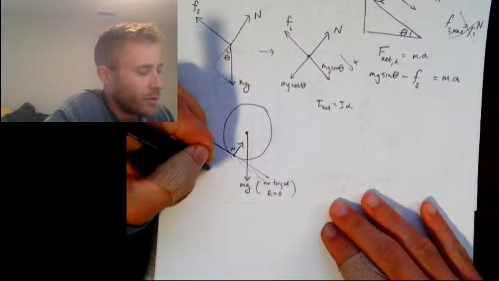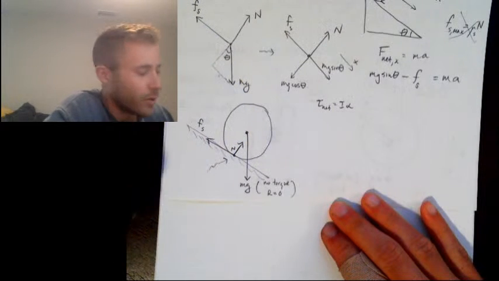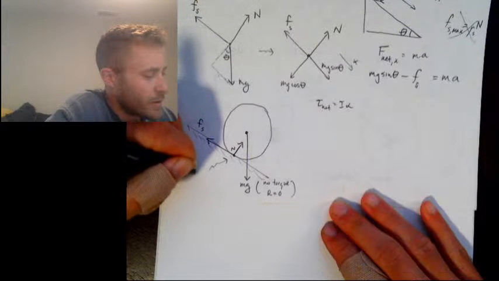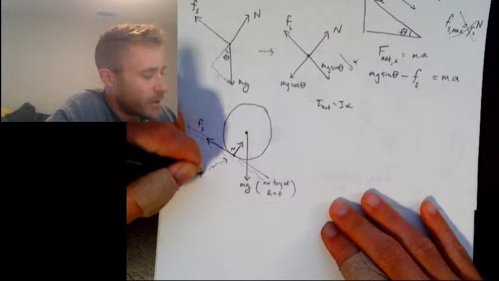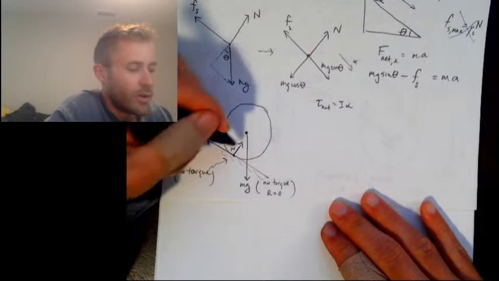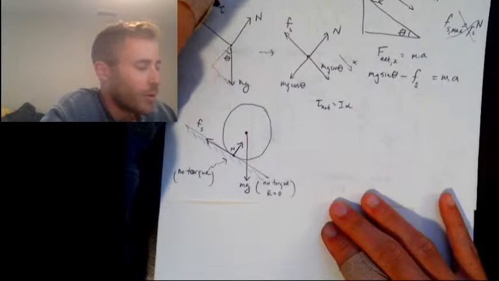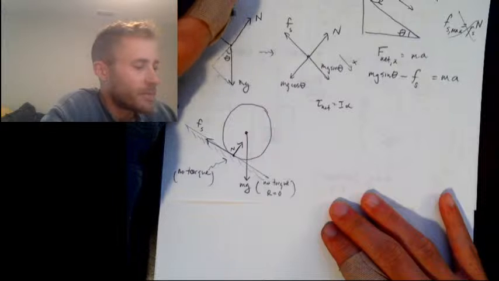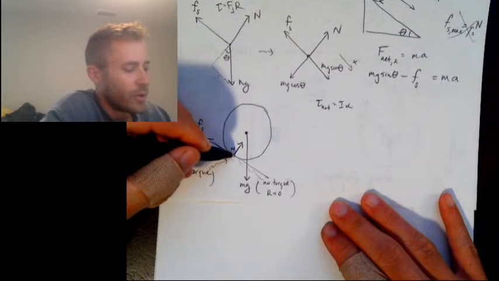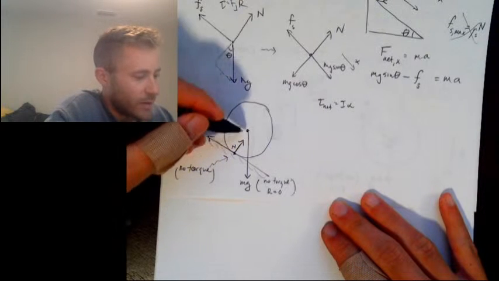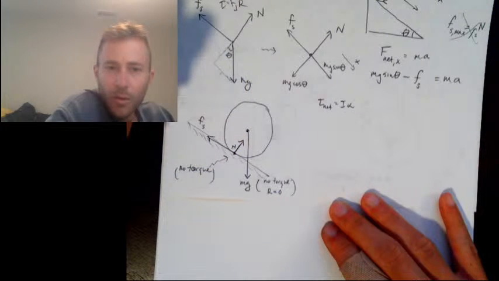The reason that the normal force gives no torque is, you might recall that the formula for torque is F perp times R. So the R value is not 0. It's acting a distance R away from the center.